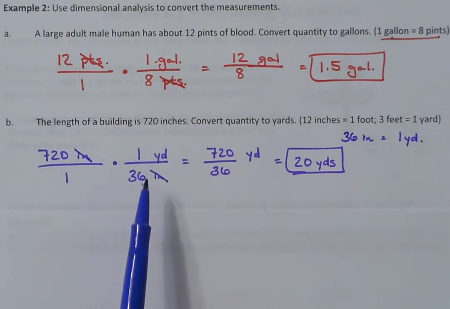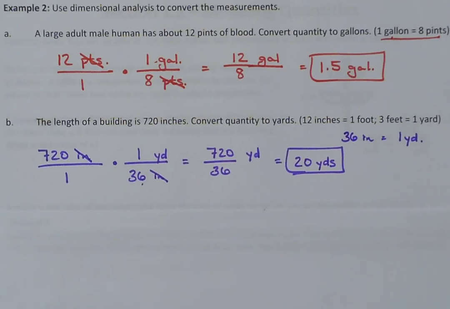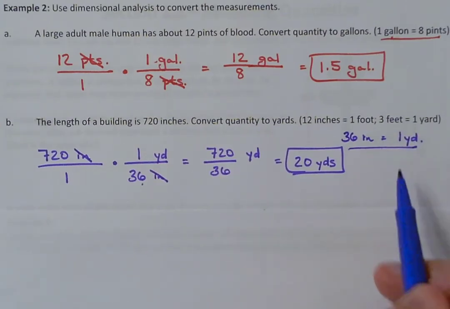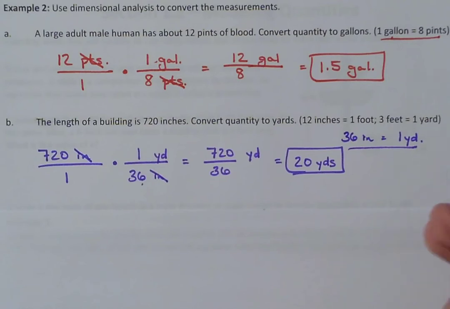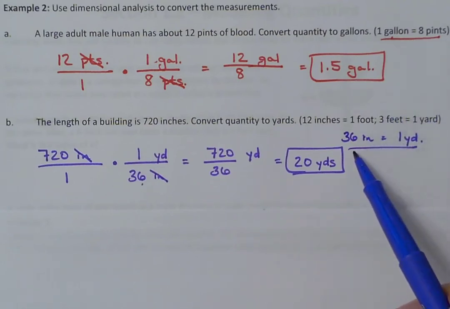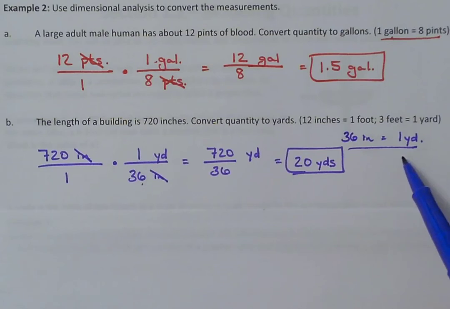Inches on top means you need inches on bottom. That way we can cancel out the units, thus getting rid of it and bringing in the new unit we want. The other thing is I did provide you with your different conversion factors, where 1 gallon equals 8 pints, 36 inches equals 1 yard.